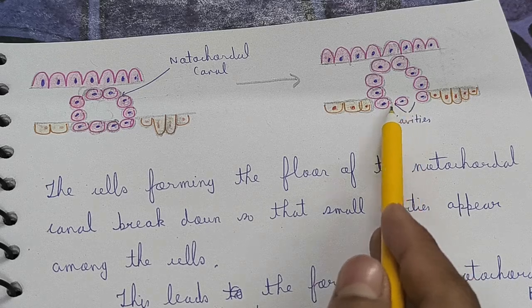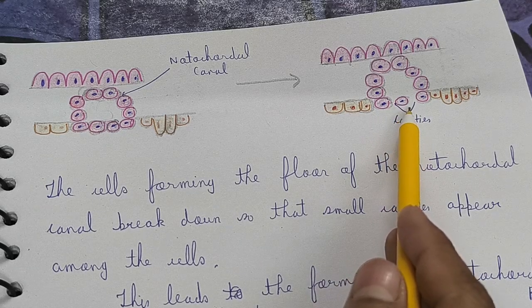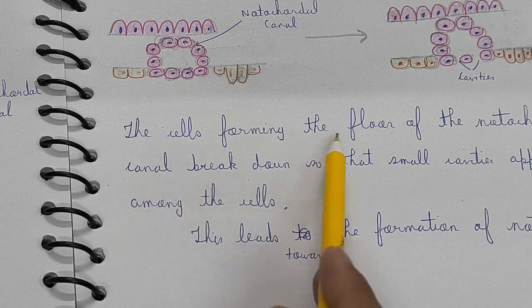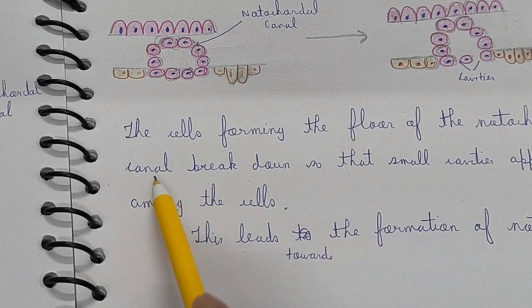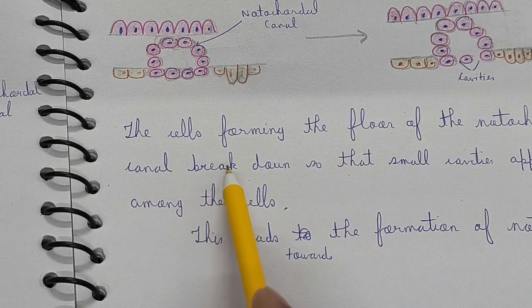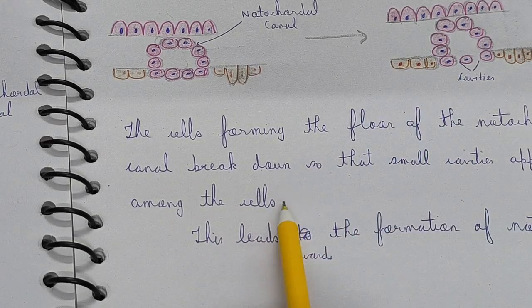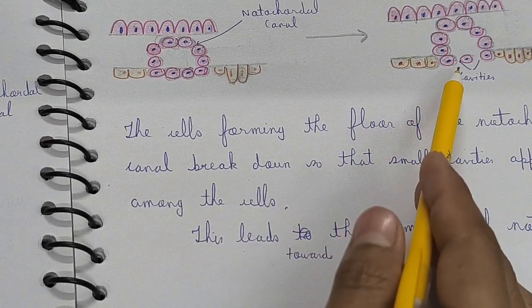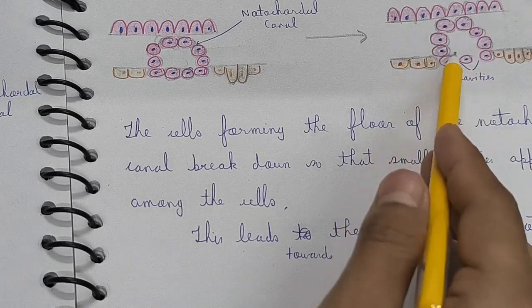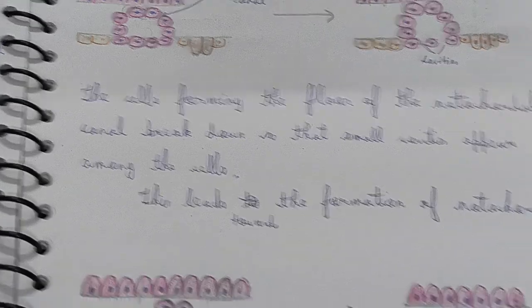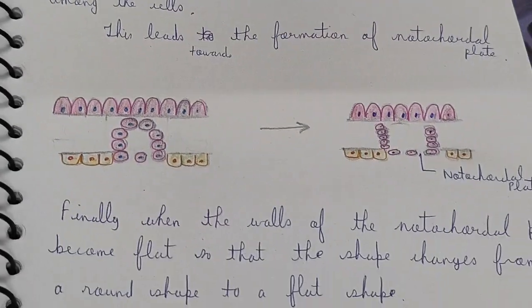So the cells forming the floor of the notochordal canal break down so that small cavities appear among the cells. Later you will understand that this will in future lead to the formation of the notochordal plate, which I'm going to explain also.